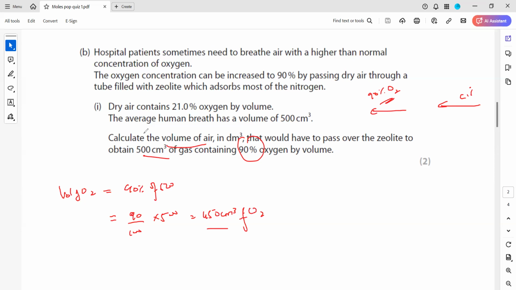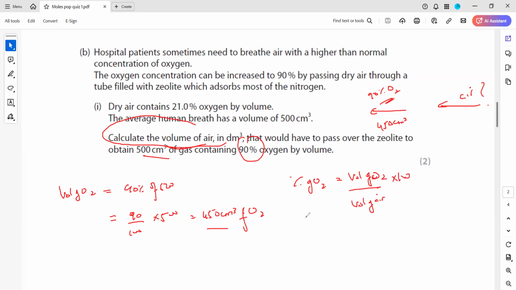And the question is, what is the volume of air that should be passed here? If we want 450 cm3 of oxygen, how much air should pass over this? So we have the formula that the percentage of the oxygen in air is the volume of oxygen divided by the volume of air, times 100.